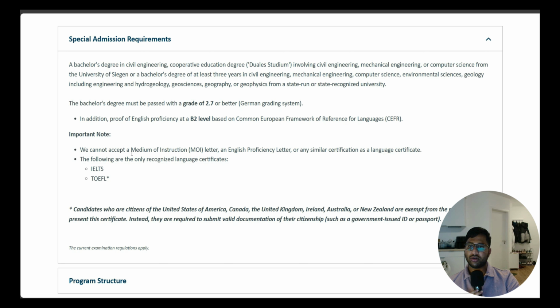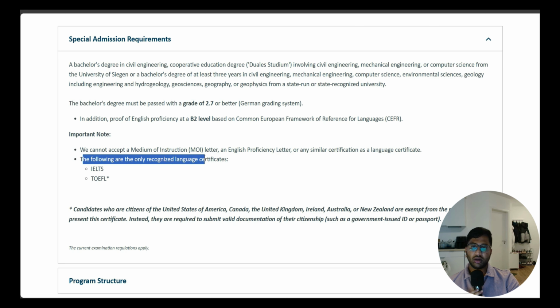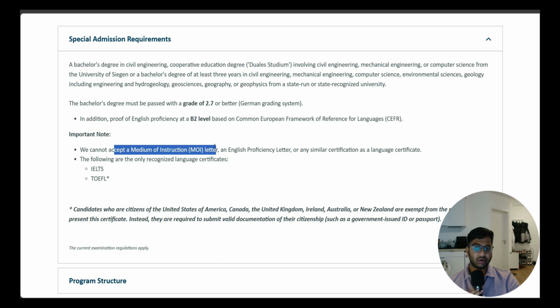In addition, a medium of instruction certificate or similar is not accepted. The only recognized language certificates are IELTS or TOEFL. They have clearly mentioned there is no acceptance for a medium of instruction letter. So people who have done IELTS or TOEFL, only they will be accepted, and you need B2 level, which will be 6.5 and above or 6 and above.